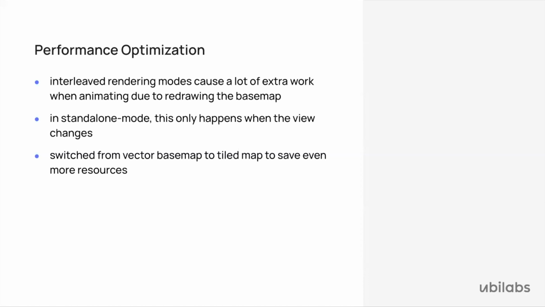But the problem with the interleaved mode is that when I'm running animations at 60 frames per second, I also have to redraw the base map 60 times a second, which can be quite intensive for performance, especially if you're going down into a city context where there are buildings.